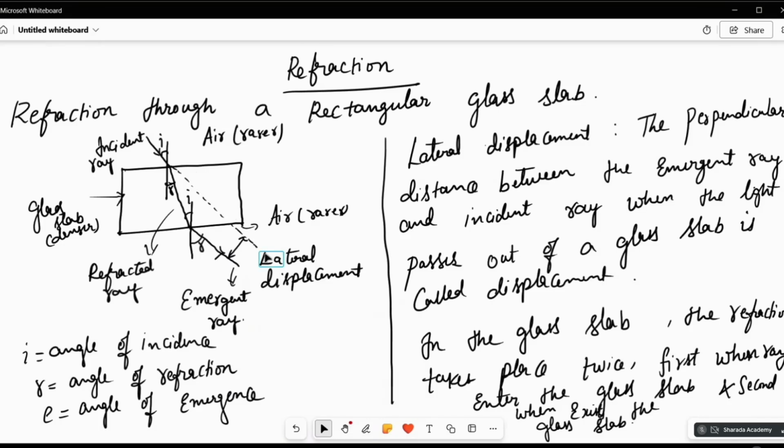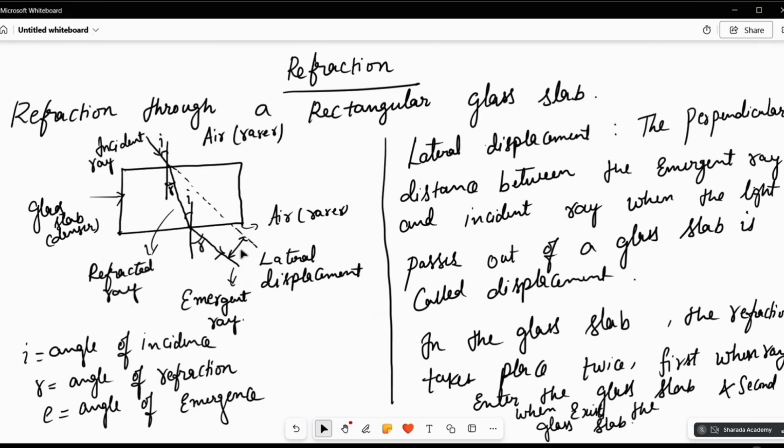If you compare that with the emergent ray which is actually coming out, you observe that they are parallel to each other. That's what this concept is trying to tell. Understood? They are parallel to each other, but there is some shift. Without the glass slab, this would be the line. With the glass slab, this is the line.